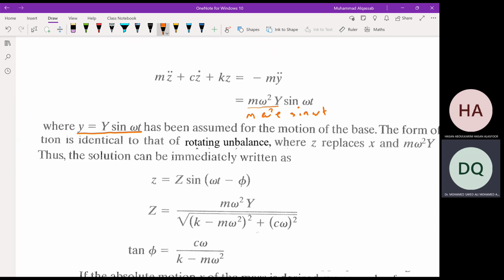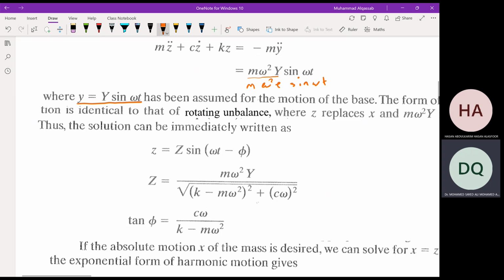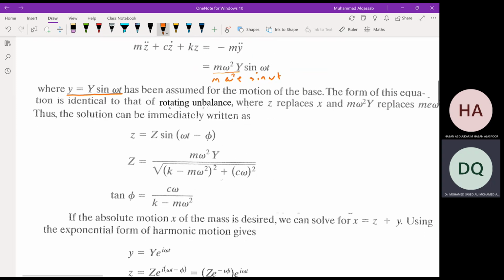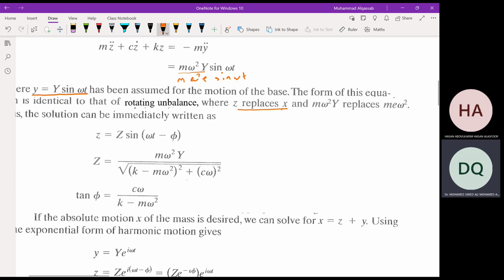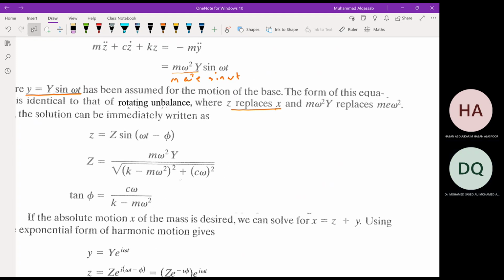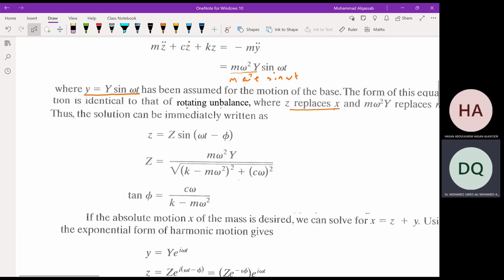So here z replaces x, and m omega squared Y is replaced by m e omega squared. So you can get the same solution. So z, the steady state solution, and the homogeneous part is as we discussed in chapter 2.